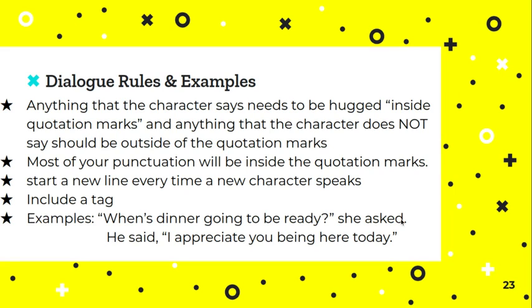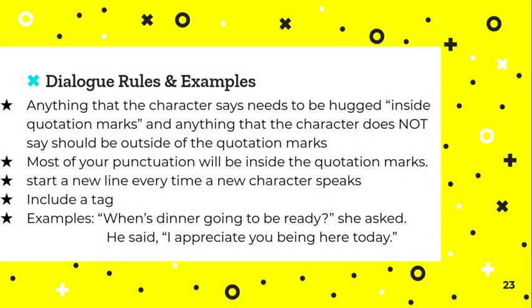Therefore, it's not in quotation marks. Notice how the question mark, though, is inside quotation marks because it's a part of what she said. Then she is lowercase because it's still technically part of the same sentence, and the period occurs at the end.